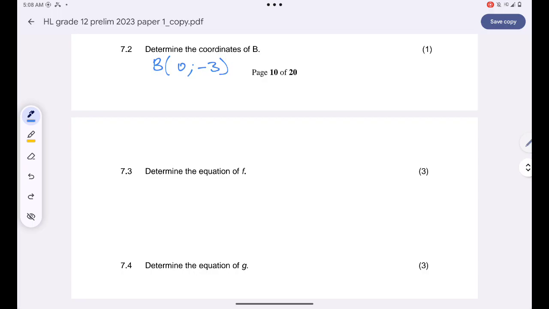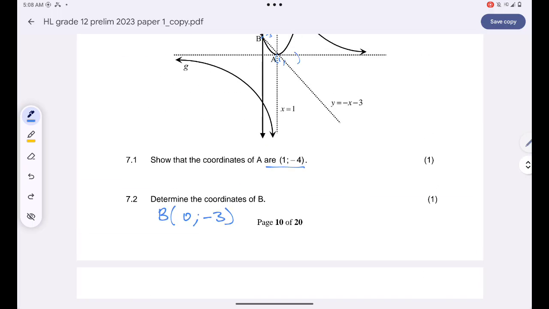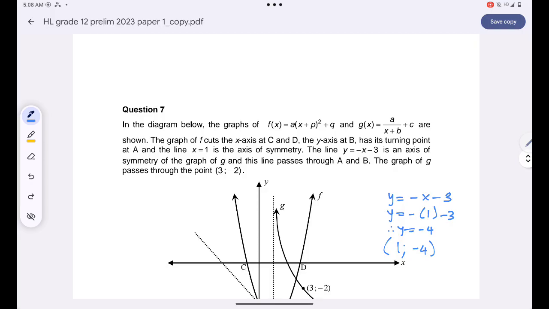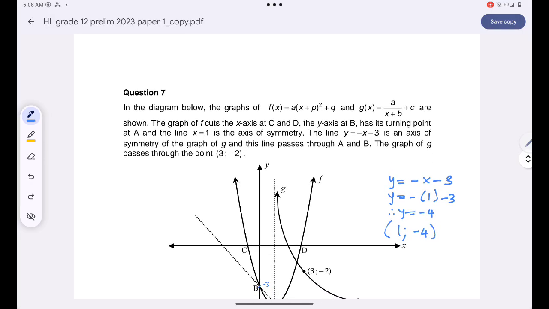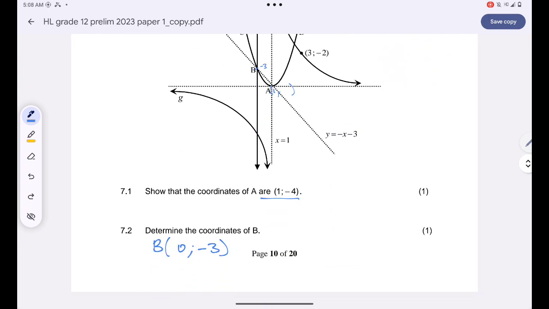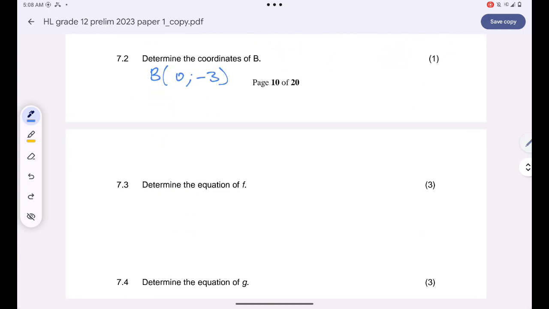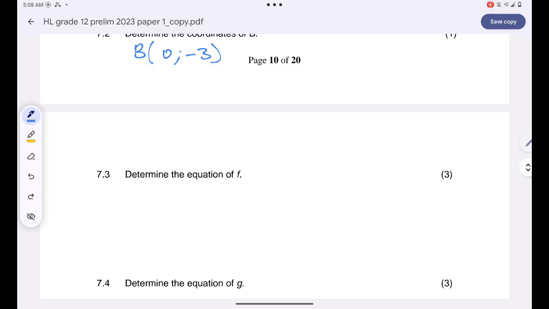And then I'm supposed to determine the equation of f(x). I'm supposed to determine the equation of f(x), right? f(x) is our parabola. Okay, what do we know about our graph? I know that f(x) is equal to a(x - 1)^2 plus q rather, right?